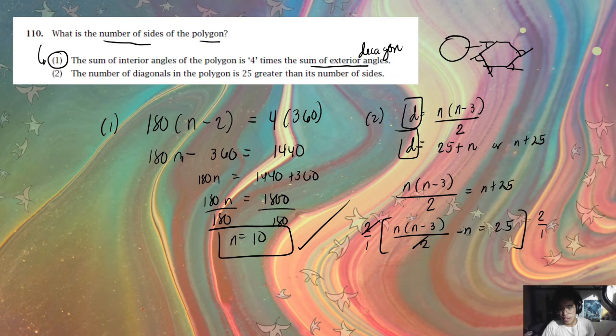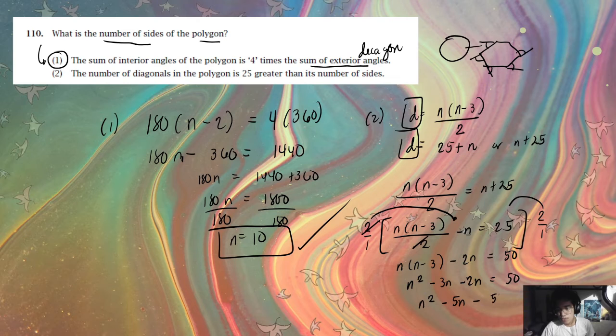This is going to give us n times n minus 3 minus 2n, yes, we have to distribute the 2 there on the outside part of the parentheses, so that's equal to 50. Let's simplify this. So this is n squared minus 3n minus 2n is equal to 50. That means we have n squared minus 5n minus 50 is equal to 0.